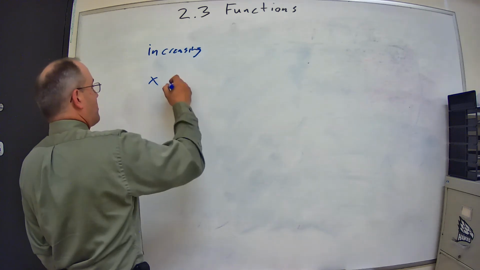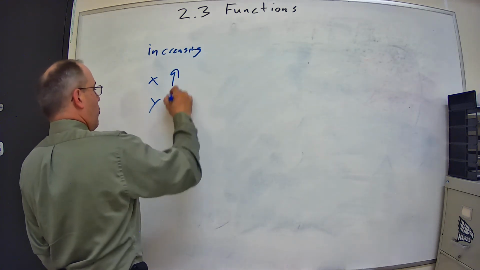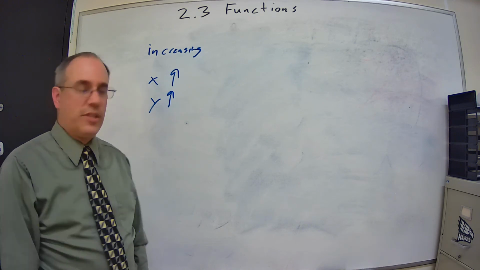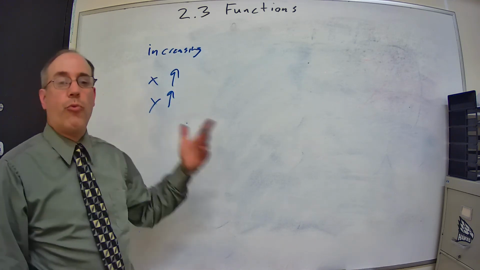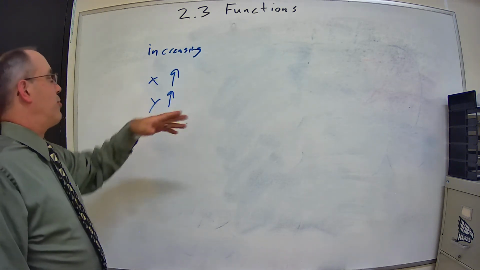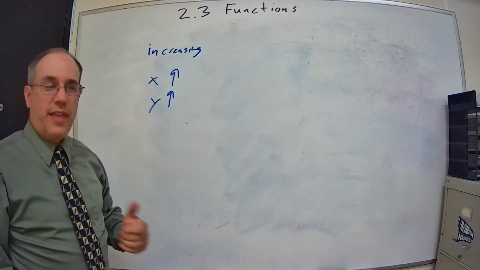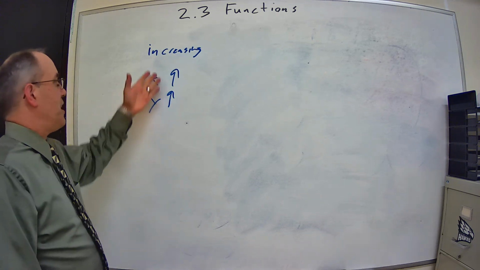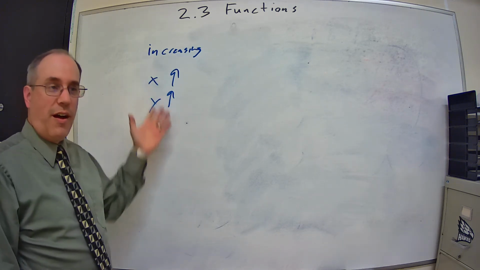So as x goes up, y also goes up. And obviously that would mean the opposite, as x goes down, y goes down. When we look at it, as x increases, y increases, if that's the case, you have an increasing function. And we should say for all points on the function.